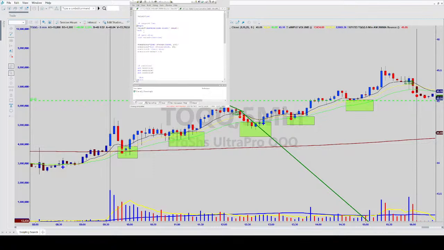Okay. If open less than close, then value 3 equals open minus low. Bingo. I don't need to do begin or end, and I didn't do begin, so I don't do end, and then I go to volume value 3, and I'll say value 3.